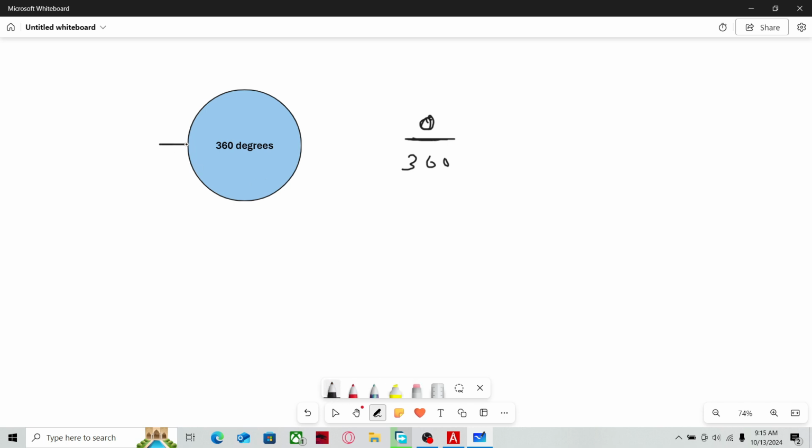Now suppose I split this into half, then what's the degree? We all know a full circle means 360 degrees. So what's a half circle? Half circle means 360 divided by 2. It's 180 degrees. So that means this part, the theta is 180 degrees.